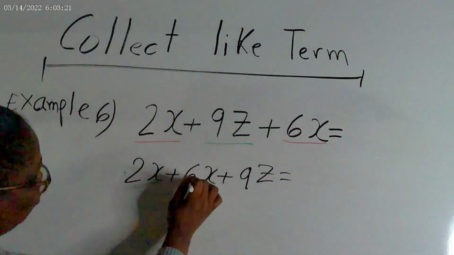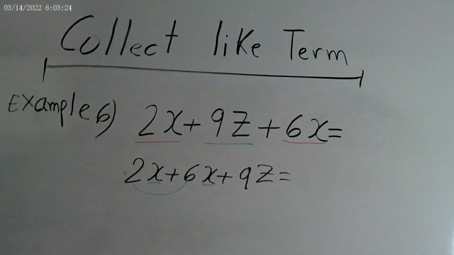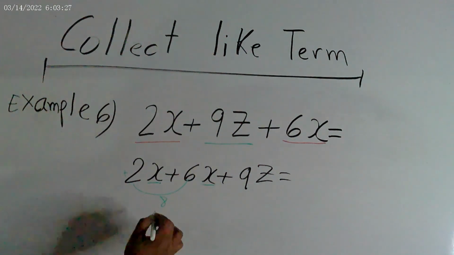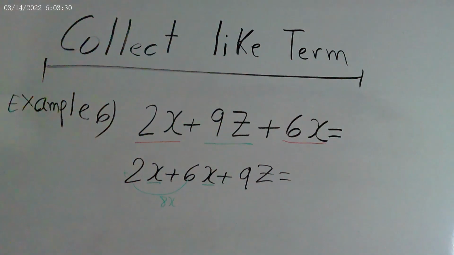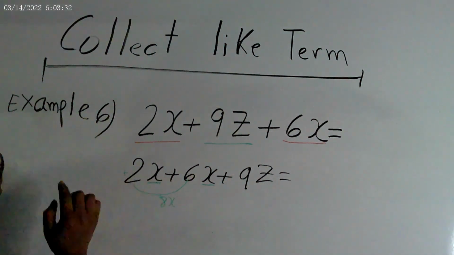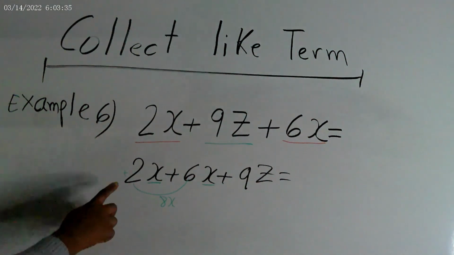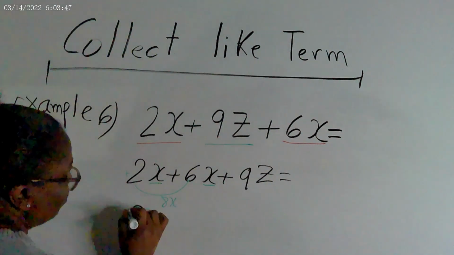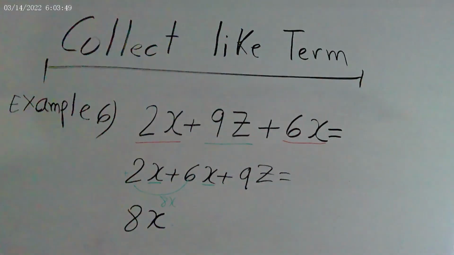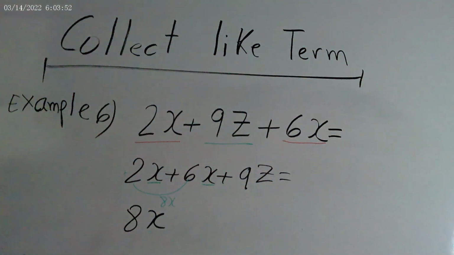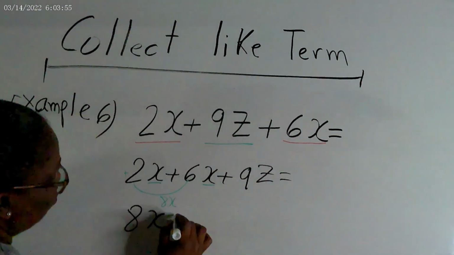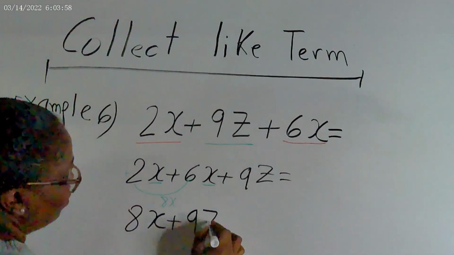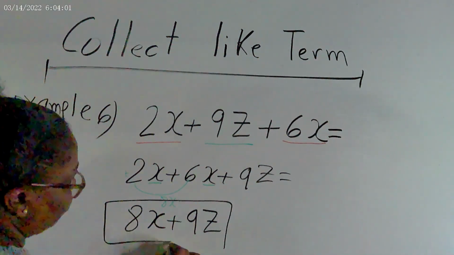Plus 2 plus 6 gives you 8. And the variable is x, you keep the variable. Okay? Because the signs are the same, plus 2x and plus 6x, you add them and keep the sign, which is 8x. And then the 9z, you don't have any term to combine with it, you just keep plus 9z. That is the final answer.